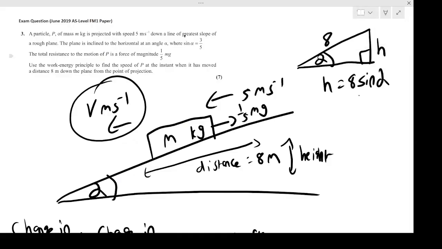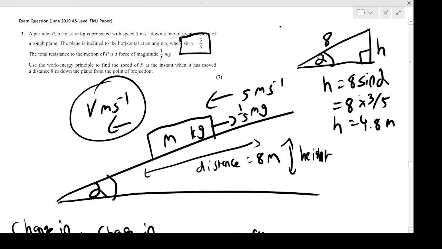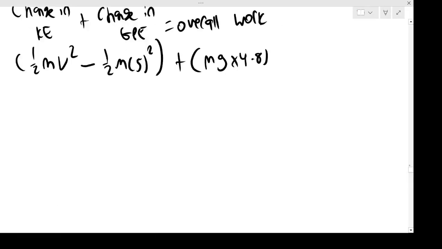I don't know what alpha is, but I don't need to. I know what sine alpha is. So that's going to be 8 times 3/5, which is 4.8 meters there. And that's going to be negative because we're going down the slope. So that'd be minus 4.8.